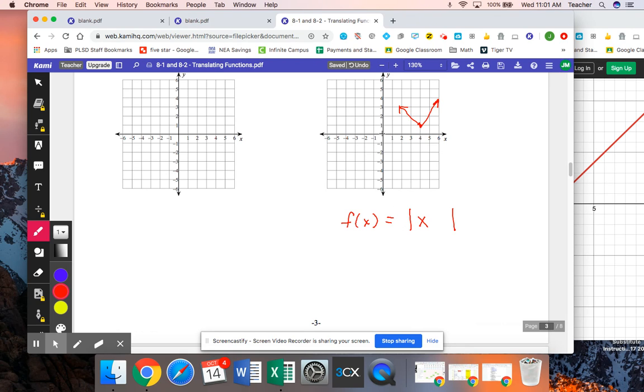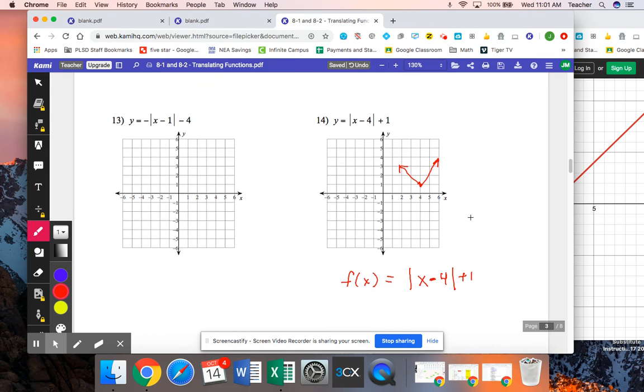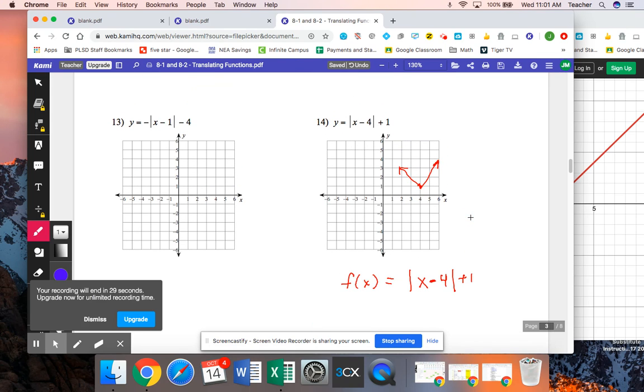Now, if I started here, I went to the right 4 to get there. So I know there's a 4 involved, but on the inside, if I go to the right, that actually means minus. It's the opposite. And once I went over 4, I then had to go up 1, so I had to do plus 1. So that's how I can look at the graph and write out the function, and you'll see that it's the same thing.